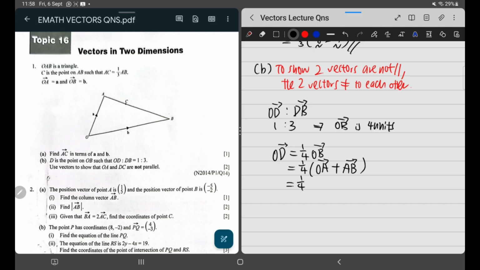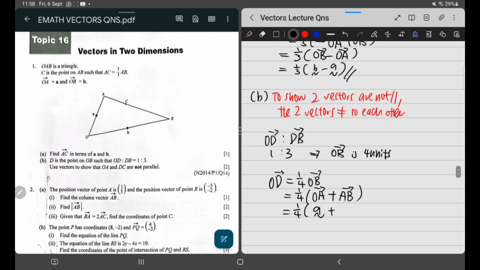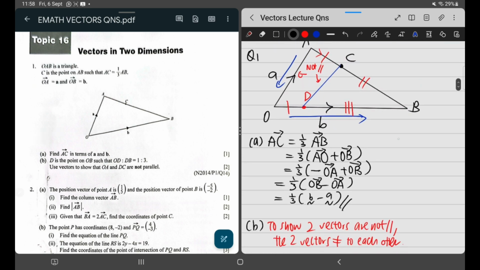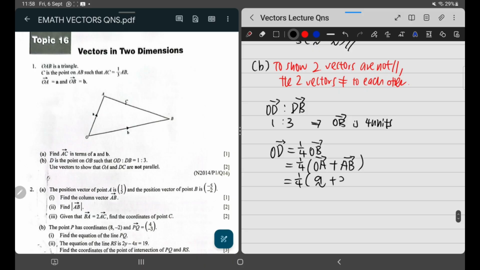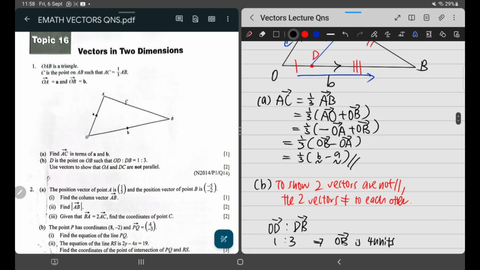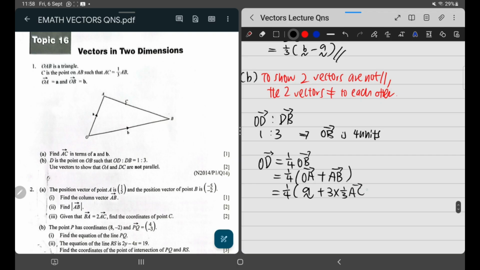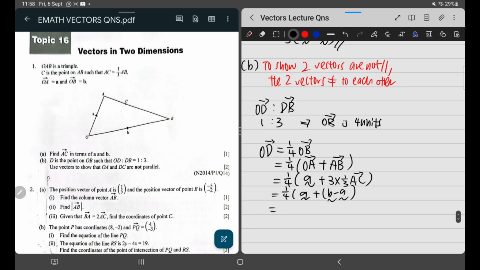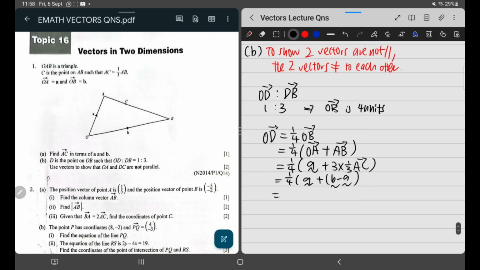So it becomes 1/4 of A plus, since AC is 1/3 of AB, that means this is 3 times 1/3 of AC, which is 1/4 of A plus B minus A. And this just gives us a very nice expression of 1/4 A minus 1/4 B.